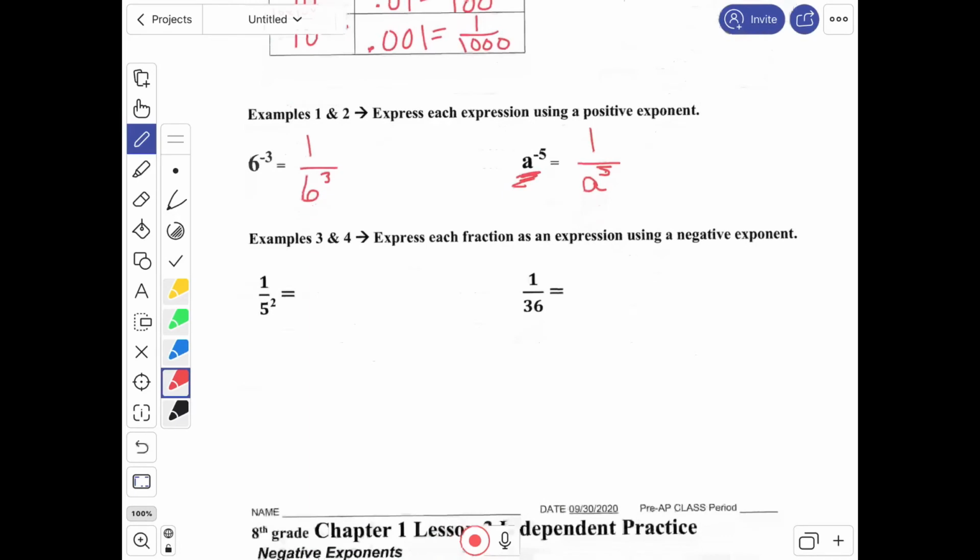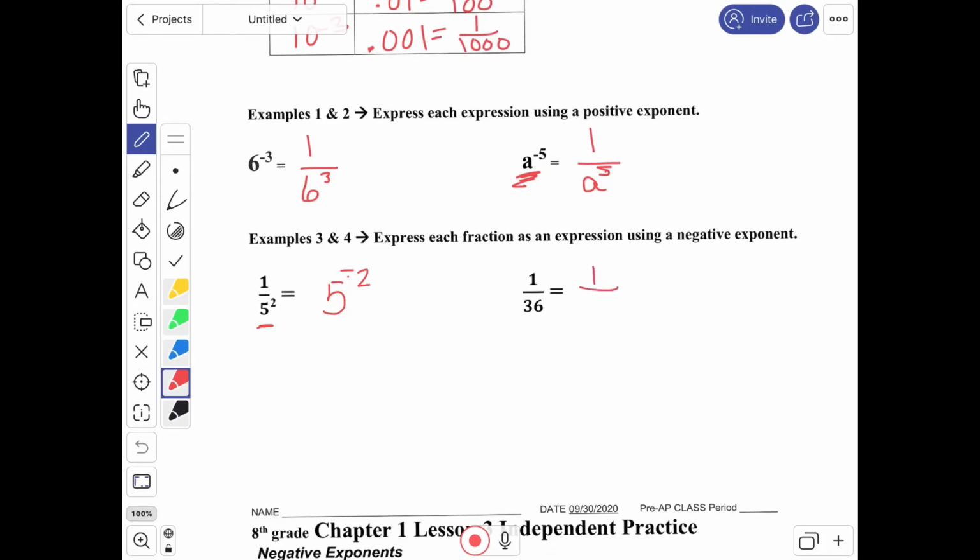Let's look at how we would go the other direction. So if I wanted to take a positive exponent and change it to negative, I would just write 5 to the negative 2. So I took the denominator and made it the base, and made my exponent negative. Now this next one's a little bit tricky because it didn't write it as an exponent.